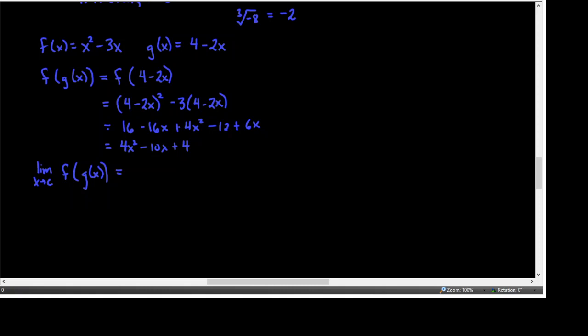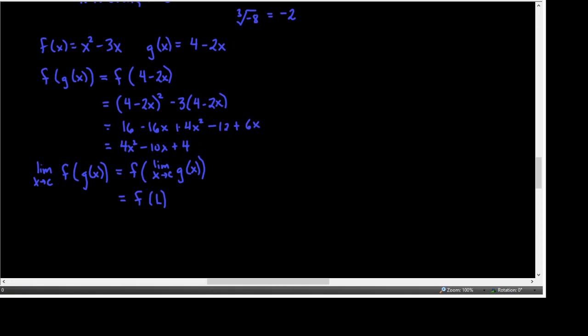What you can do with that is you can go inside to the innermost function and evaluate the limit as x approaches c for g of x. And if that limit is known to be L, the limit of g of x is L, then this will be f of that limit answer, which means you'll take your answer for the limit inside and put that answer in as an input for the f function.